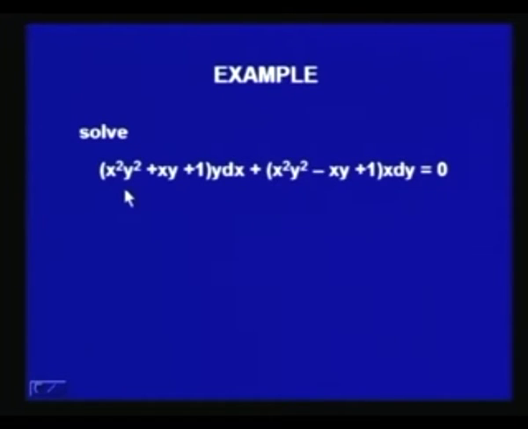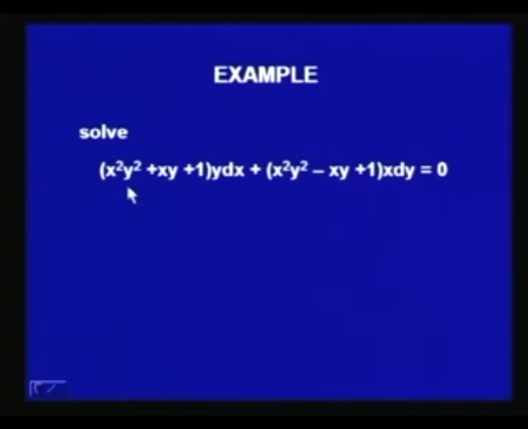So let us consider the case of the differential equation (x square y square plus xy plus 1) into y dx plus (x square y square minus xy plus 1) into x dy equal to 0. x square y square plus xy plus 1 is a function of xy, which we can regard as f1(xy) into y dx, plus x square y square minus xy plus 1 is another function of xy, which we may regard as f2(xy) into x dy equal to 0.